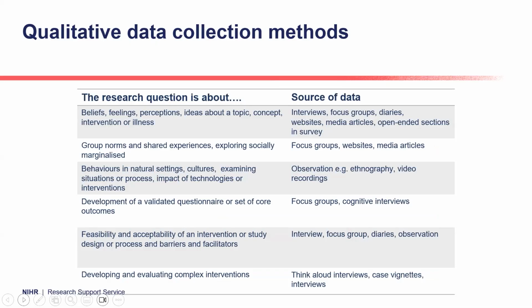So depending on your research question, you might want to include one or more qualitative methods. For example, some studies might give the option to participants to participate in both interviews or focus groups. And here are just some suggestions of the methods that can be used to answer your particular research question.